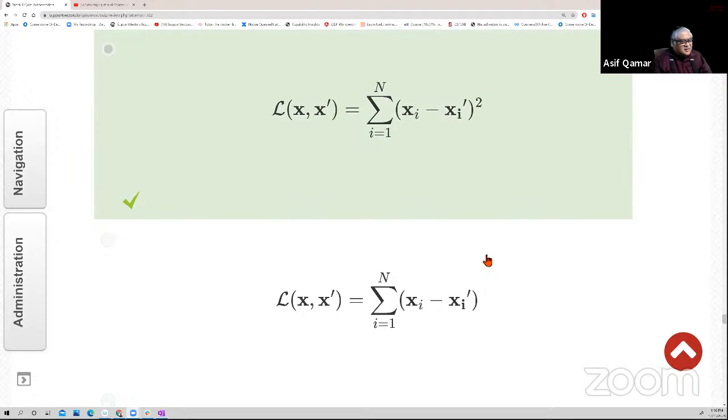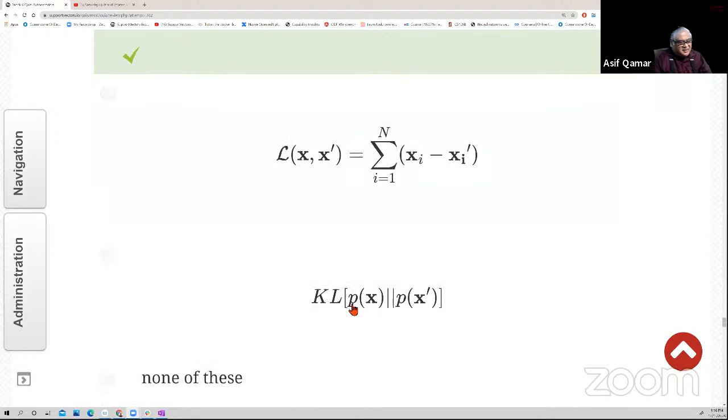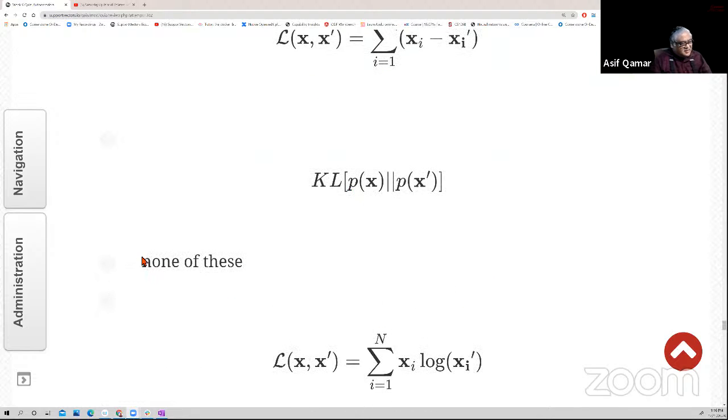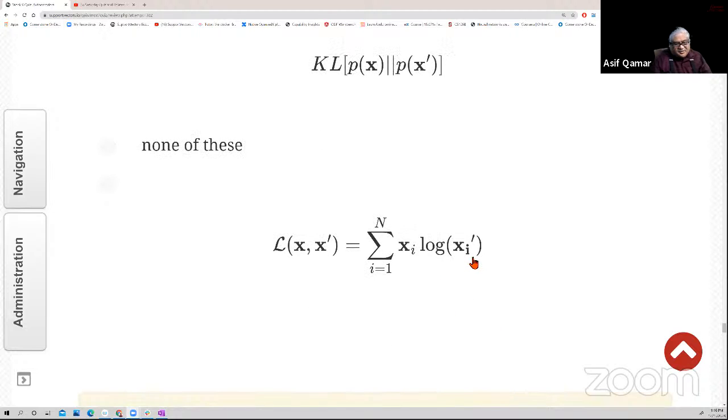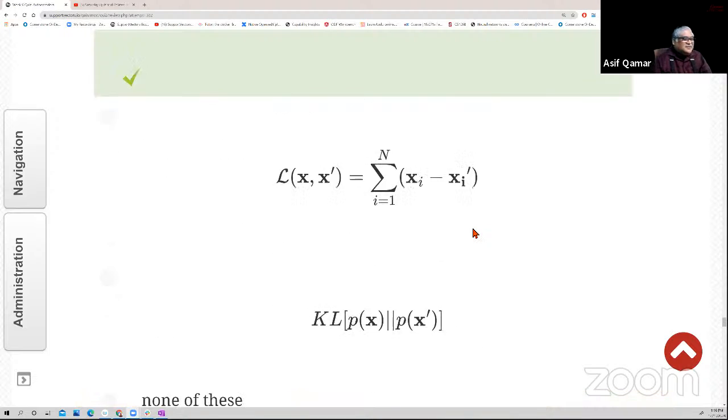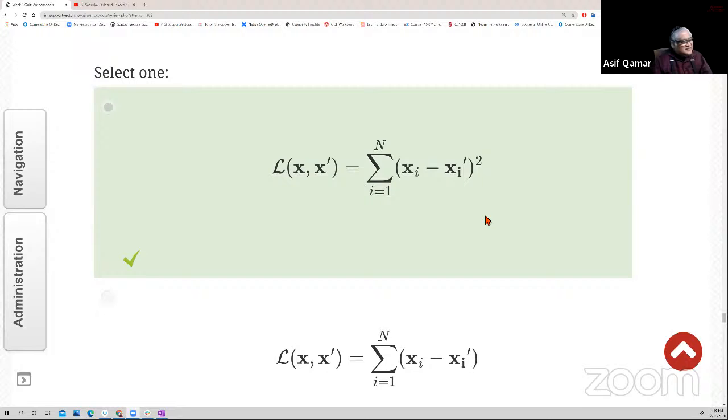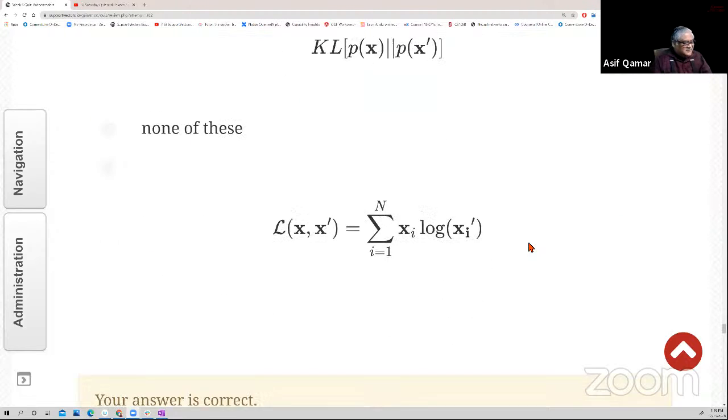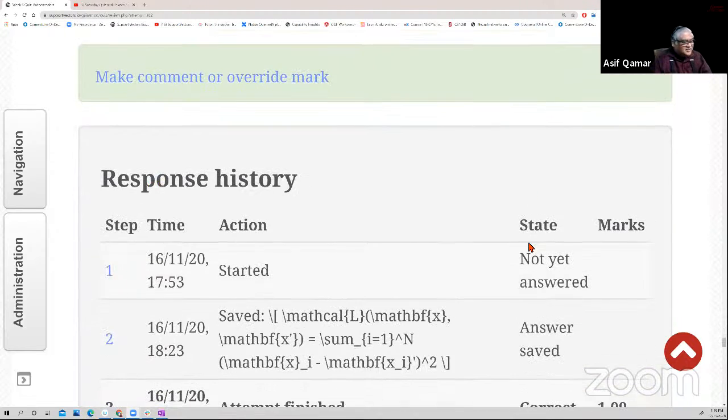Here the square is missing. Here KL divergence has been put, and none of the above. And this is cross entropy loss, certainly not that. So obviously, if you know the very basics of autoencoder, this is your loss function. Most of you got that right.